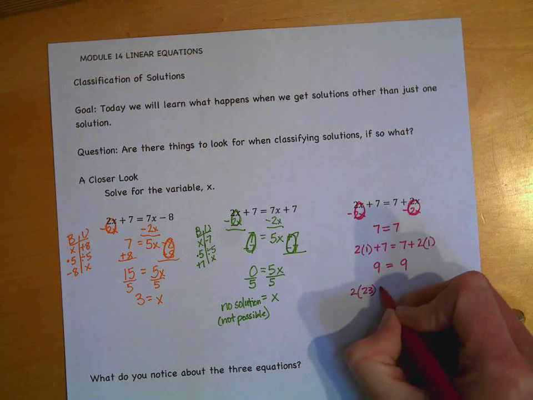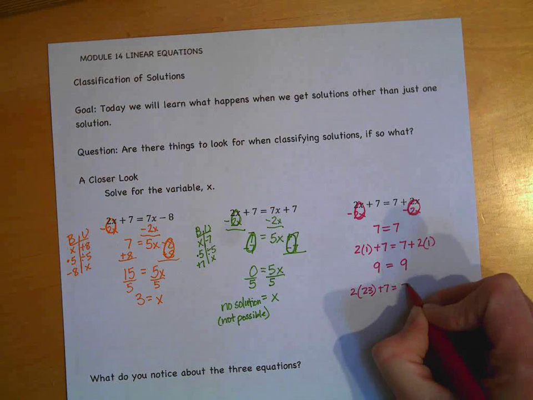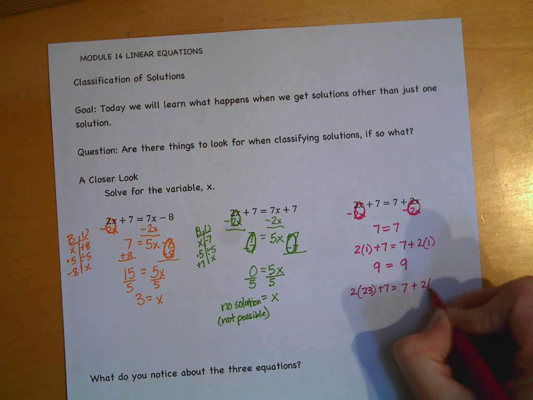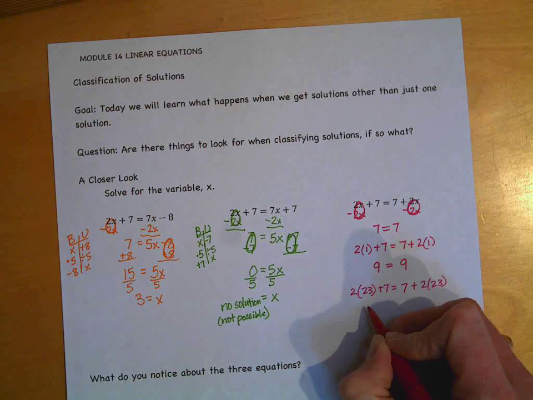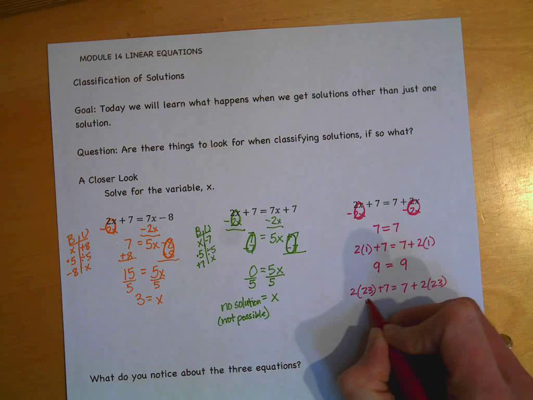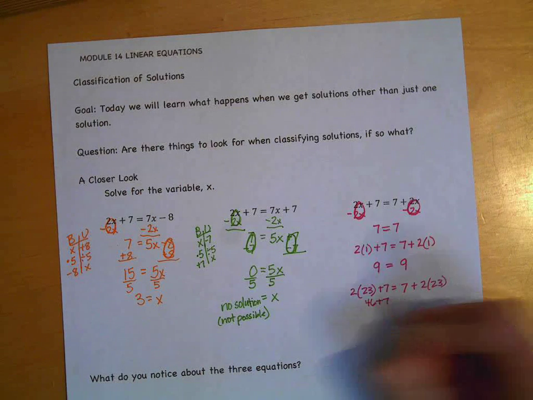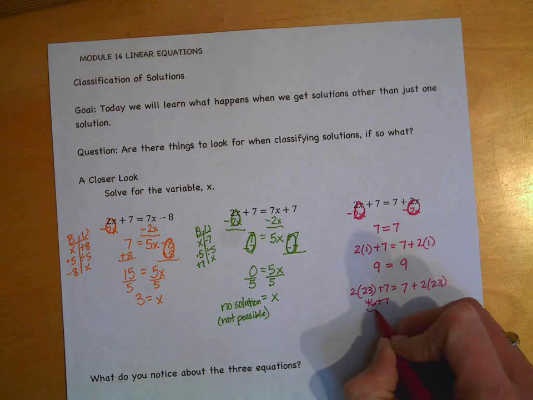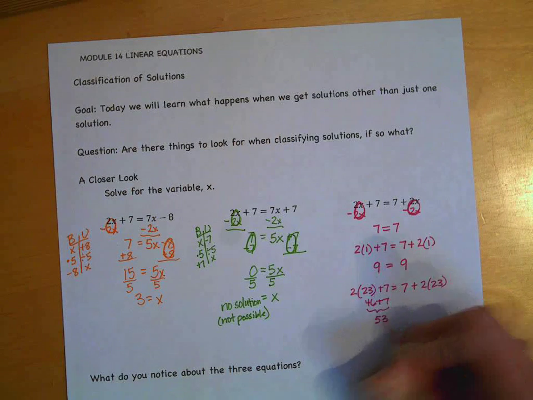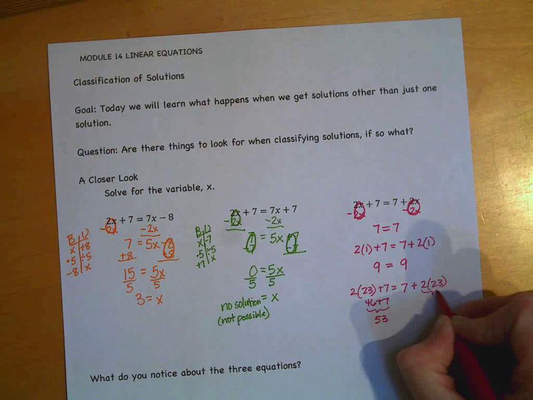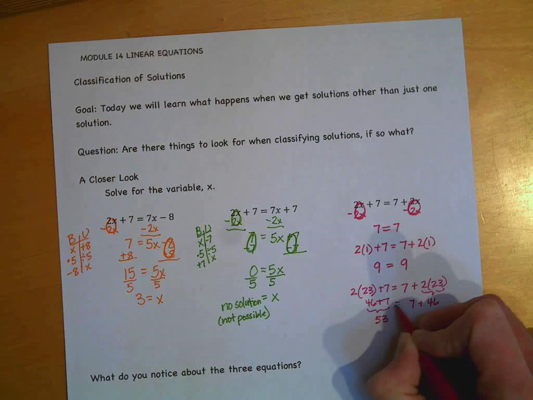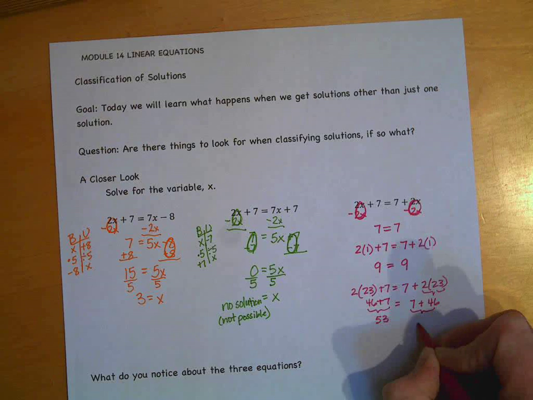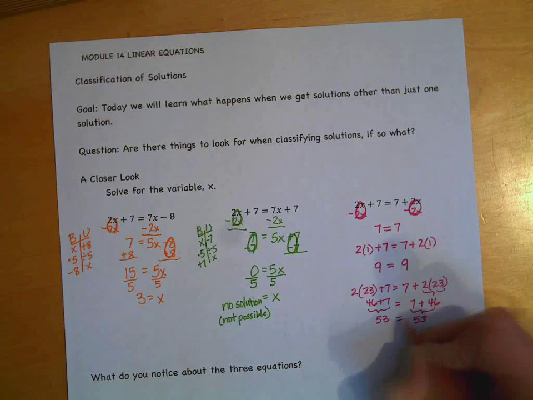Okay, what if x equaled 23? So 2 times 23 plus 7 equals 7 plus 2 times 23. Well, I know that 23 times 2 is 46, right? 46 plus 7, and then I get 53. And then over here, I have 2 times 23 is 46 plus 7. And I know that those two together equal 53.